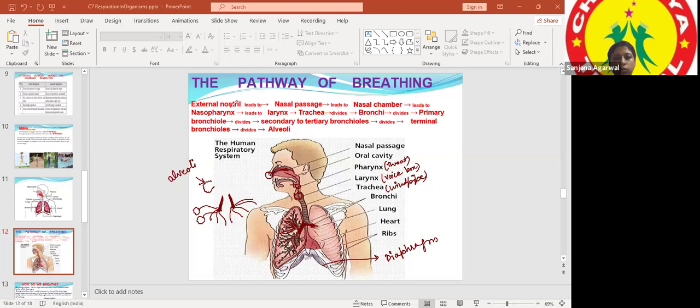This part I'm telling you now. Next for larynx, you can write, this is also known as voice box.